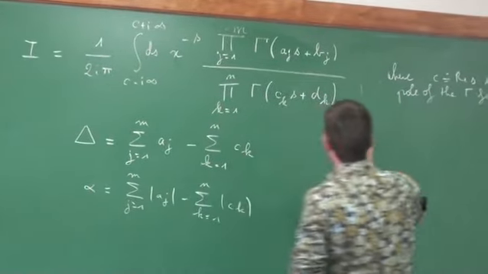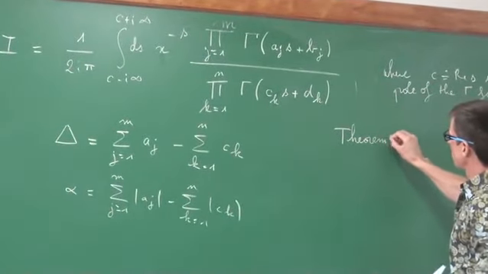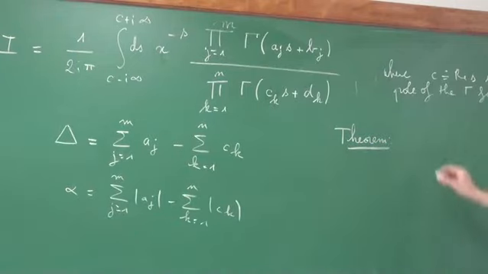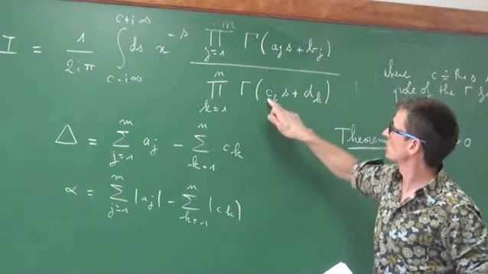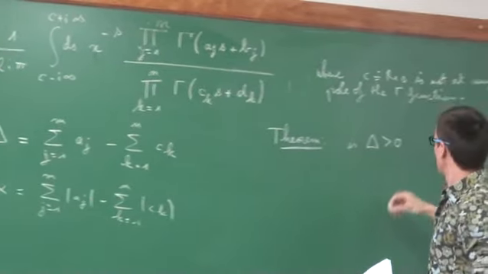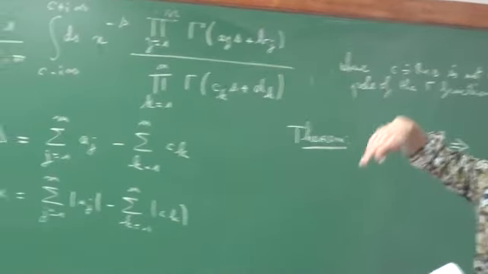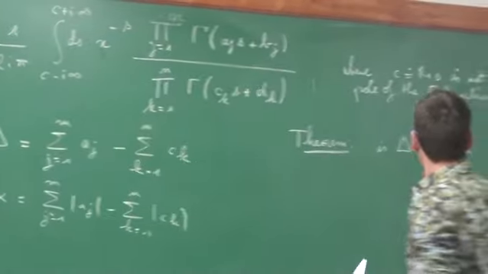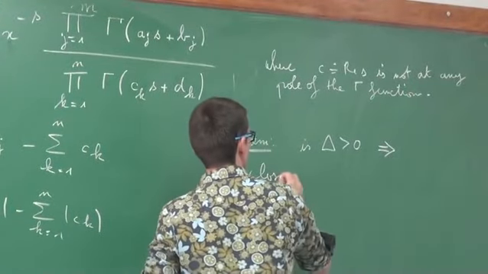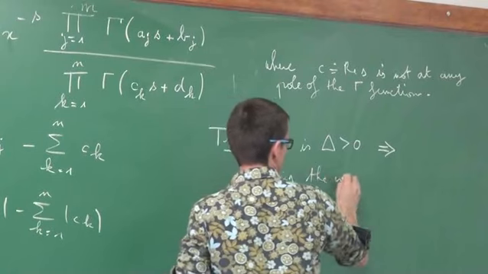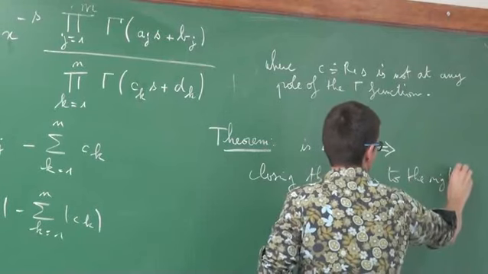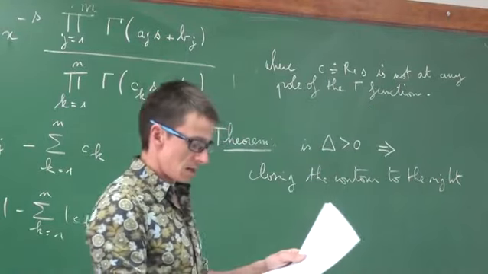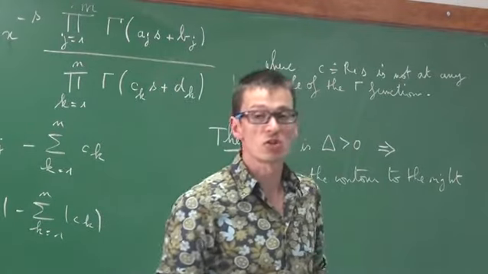Now there is a theorem that says that if delta is positive, then if you close the integration contour to the right, you get a diverging asymptotic expansion.